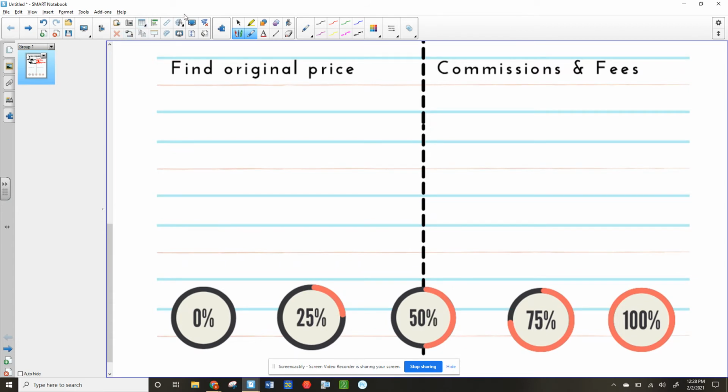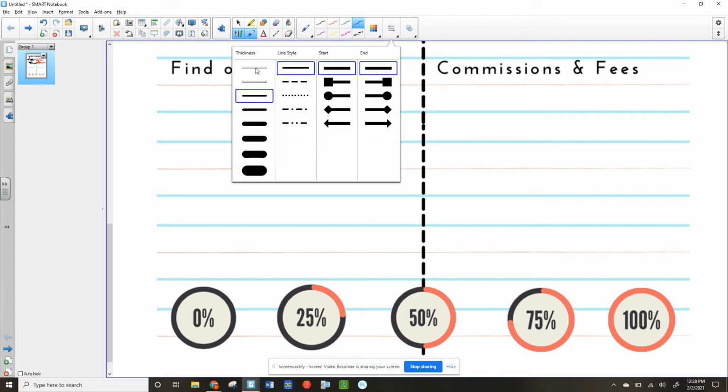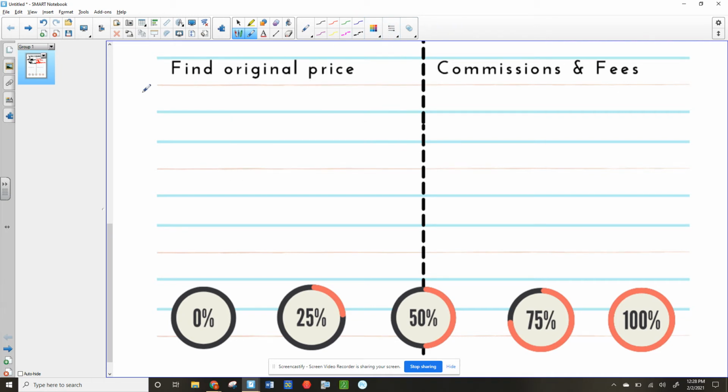Okay, the third and last one I'm going to do today, we're going to find original price. So we write an equation. And we write the total is equal to the original plus the original times our percent over 100.